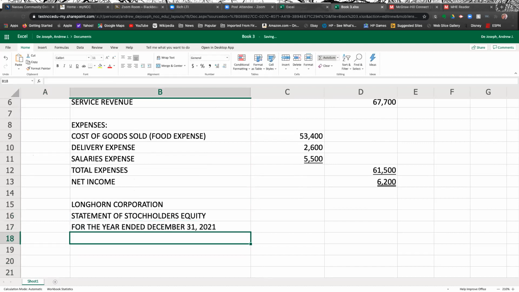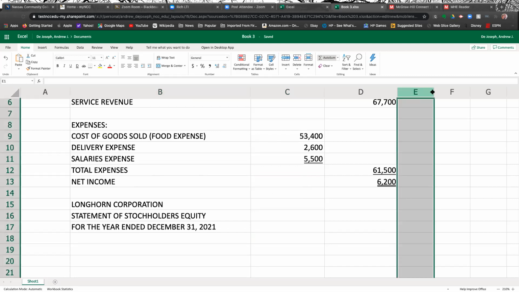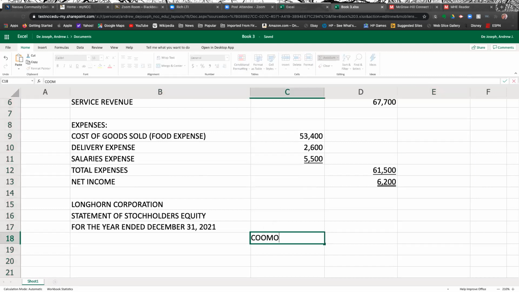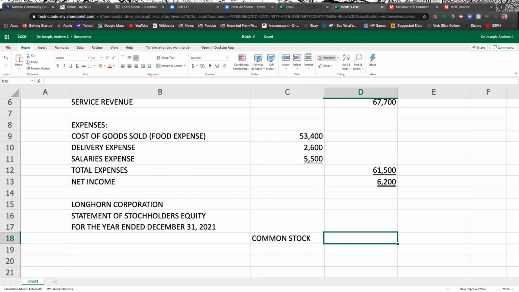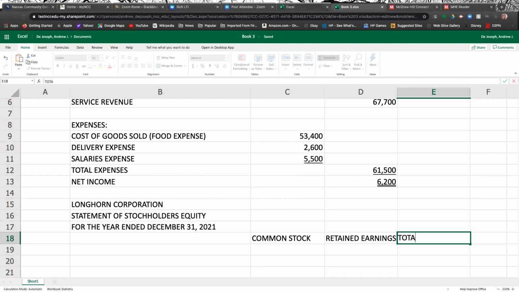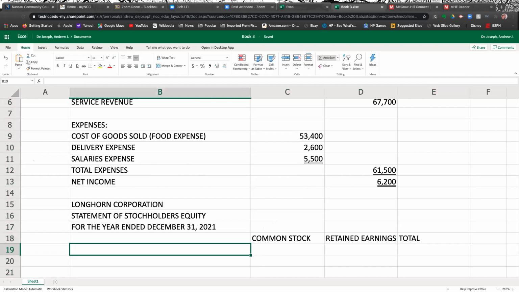Again, for the year ended December 31st, 2021, we're going to have a column for common stock, and a column for retained earnings, and a column for total. And we have beginning balances.